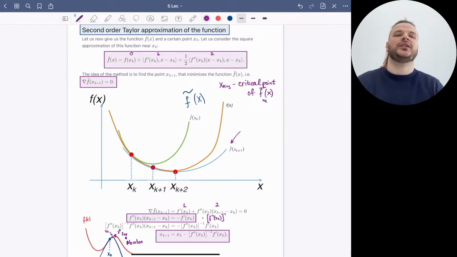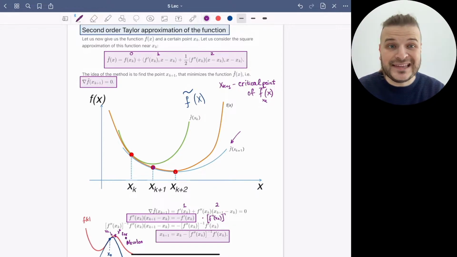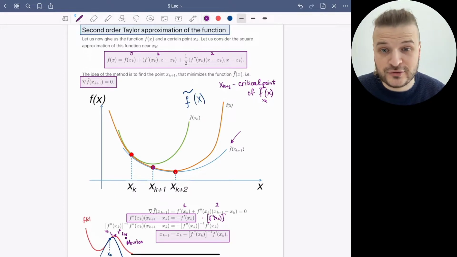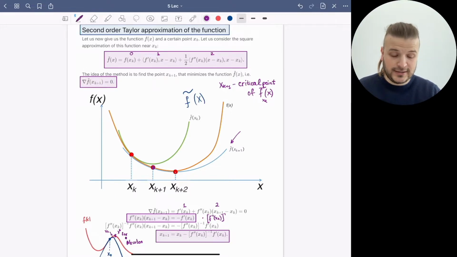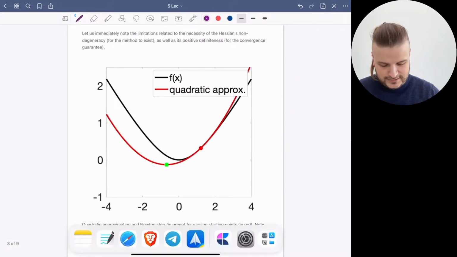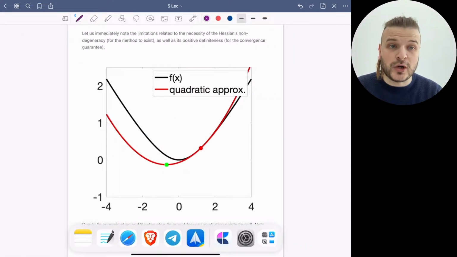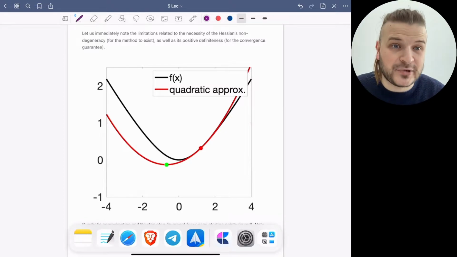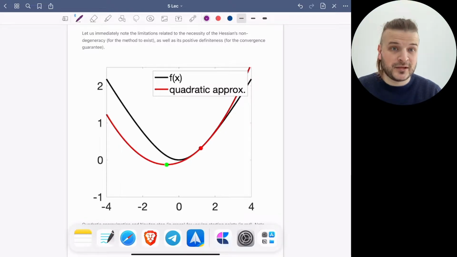But note that if the function is not convex, your approximation could lead you to the ascent direction, not the descent direction, and that could be a problem. Let's take one more look at how the quadratic approximation compares to the actual function value when you are far from the optimum.